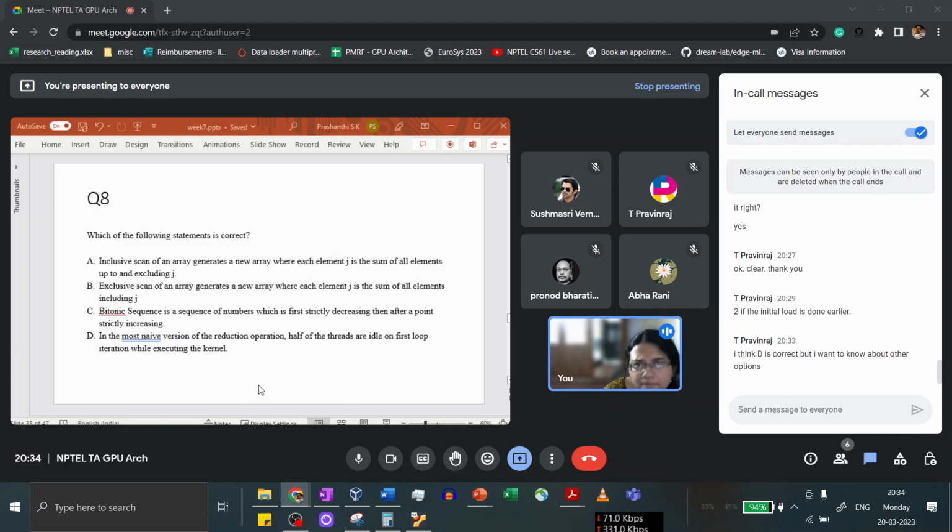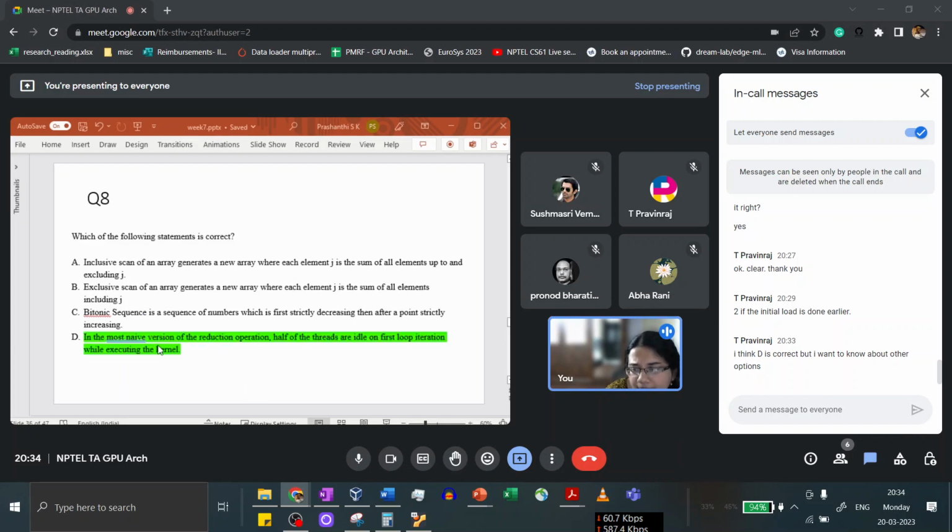Right. So the answer given here, again I've taken this from the official answer key, is D. In the most naive version of the reduction operation, half the threads are idle on the first loop iteration.